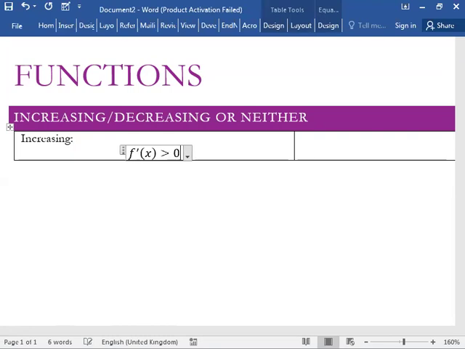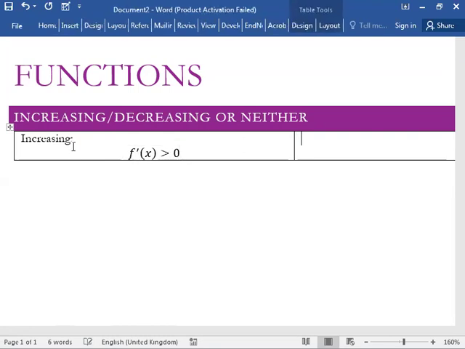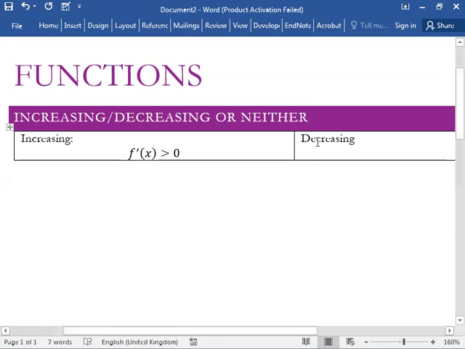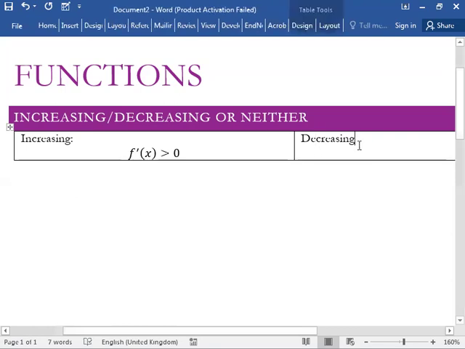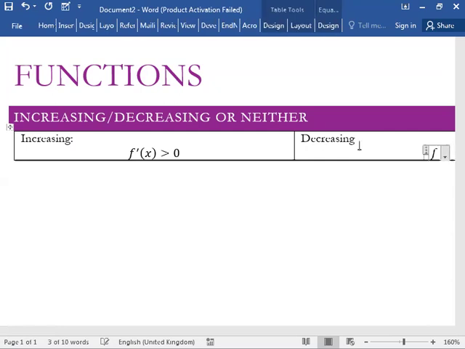So if the derivative is positive, I can call the function increasing. And what about decreasing? Because the gradient is negative, f dash is negative.